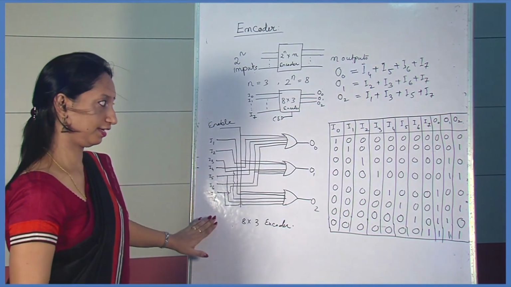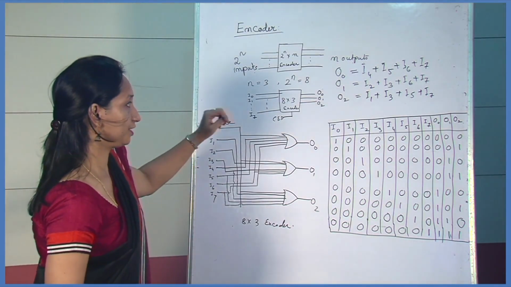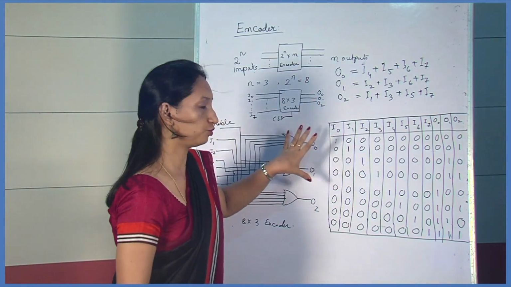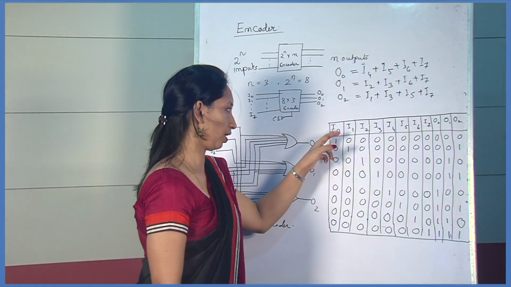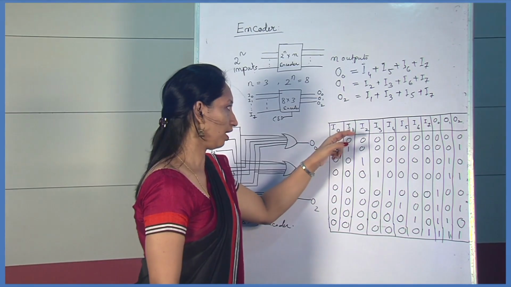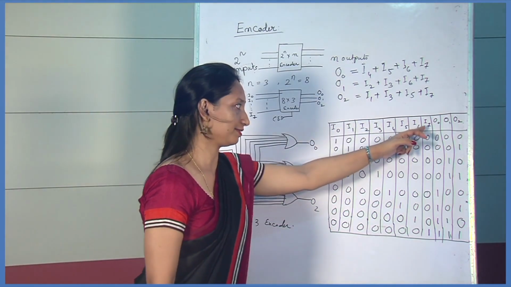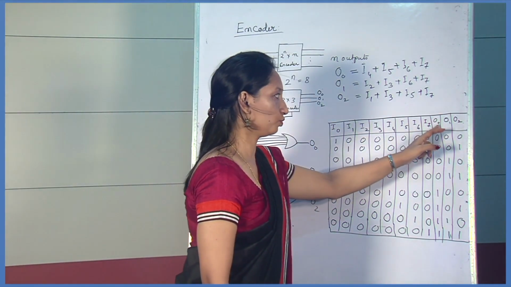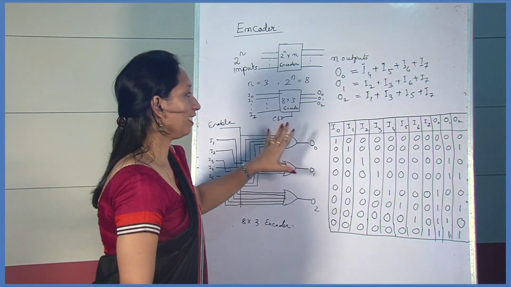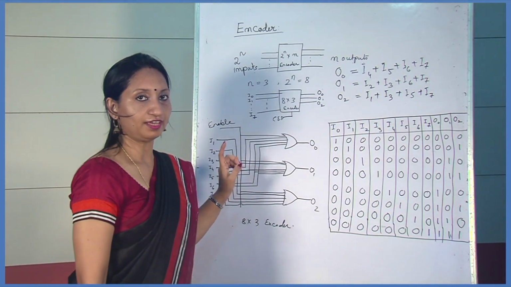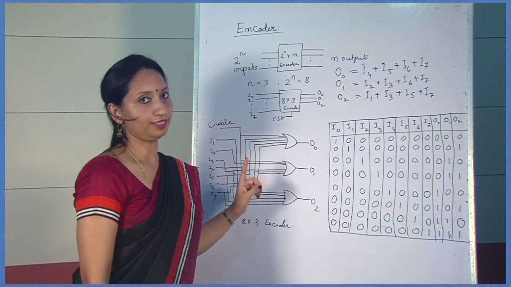So I think it is clear now. Again I am repeating. First you draw the truth table for 8x3 encoder. There are 8 inputs, so I have marked I0 to I7, and 3 outputs O0, O1 and O2. And it is assumed that at a time only one input is high.